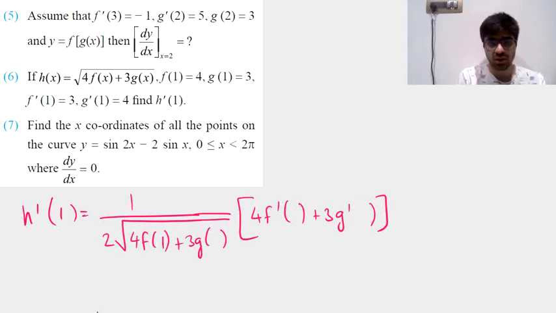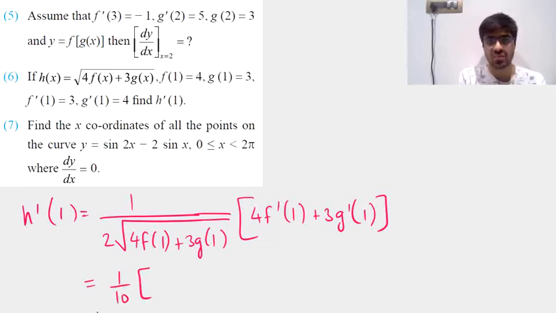So we have a 1 here, 1, 1, 1, and a 1 here. So f of 1, that will be 4. So we have 4 into 4, that is 16. G of 1 is 3. So 3 into 3. So we have 16 plus 9. And root of 16 plus 9 is root 25, which is 5. That 5 into 2 will make it 10. So 1 upon 10. 4 times f dash 1.